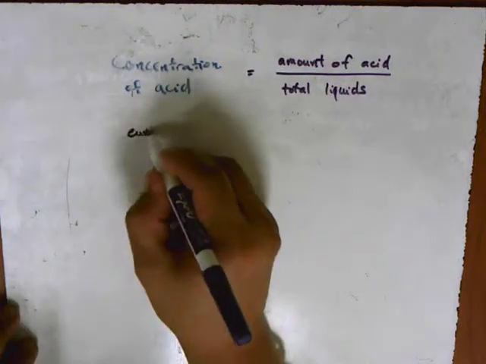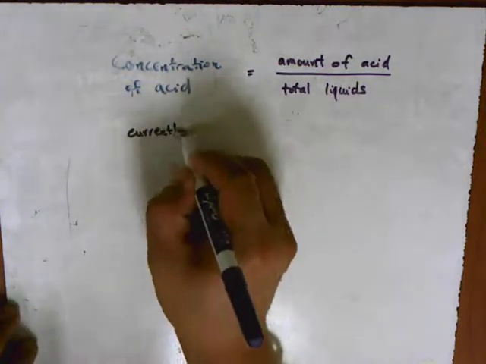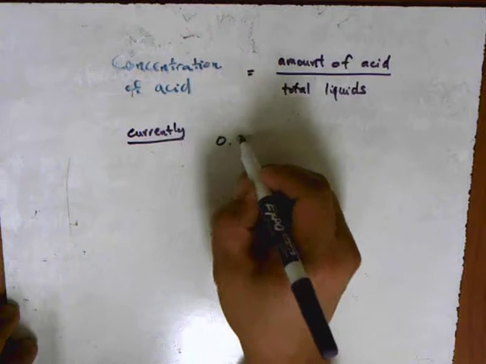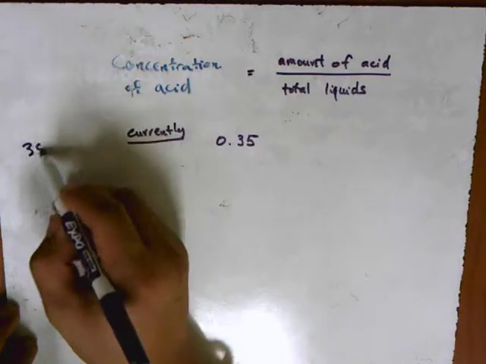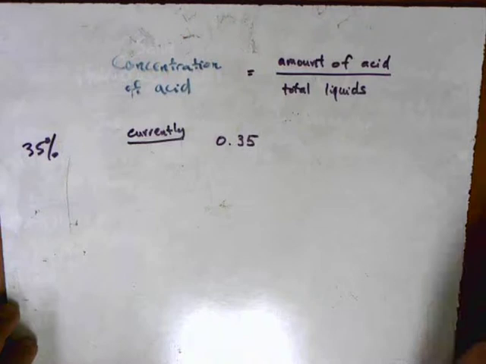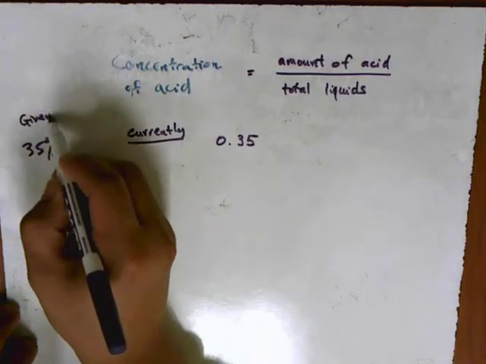So currently, this is our situation. We have a concentration of 0.35, 35%. That's given in the problem. This is one of our givens.